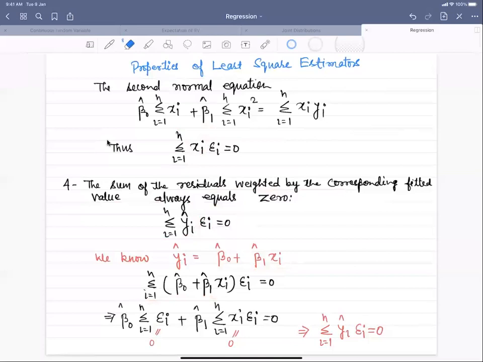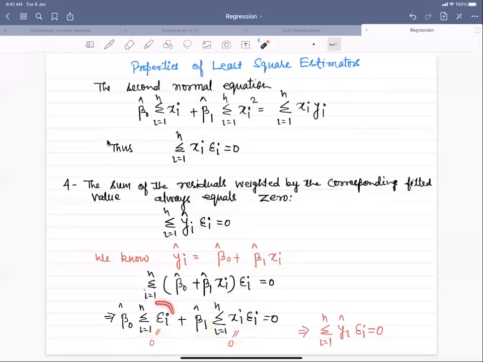Essentially we can expand this, multiply epsilon i, and take the summation operator inside. So beta naught cap summation over i=1 to n epsilon i plus beta 1 cap summation over i=1 to n xi epsilon i. Just now we proved that this is equal to 0.